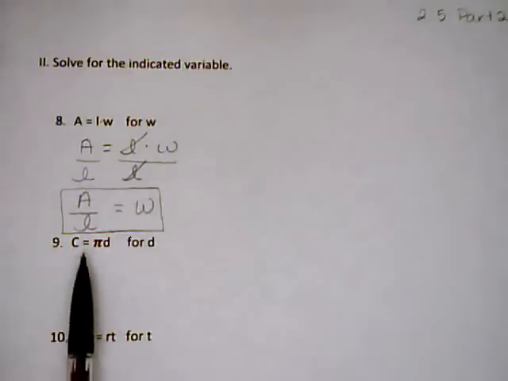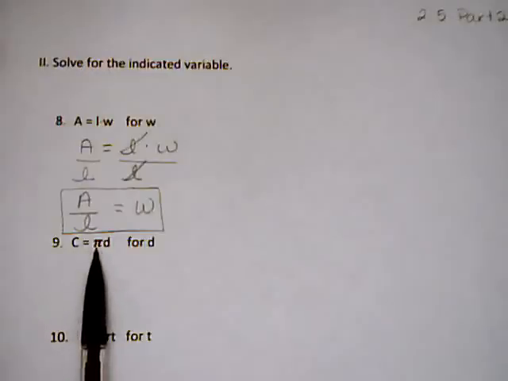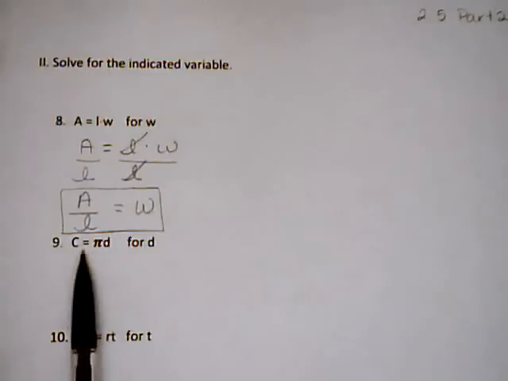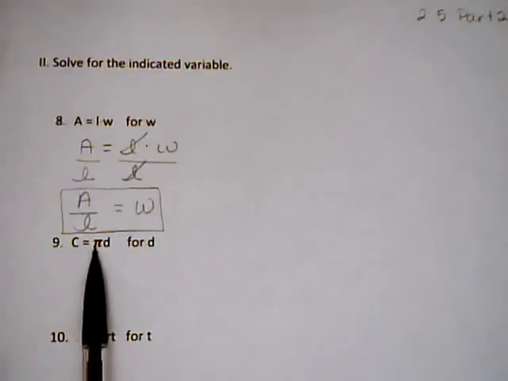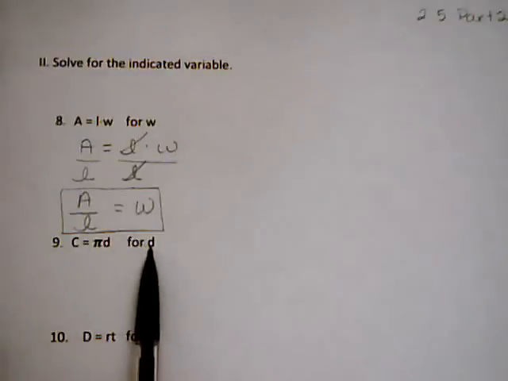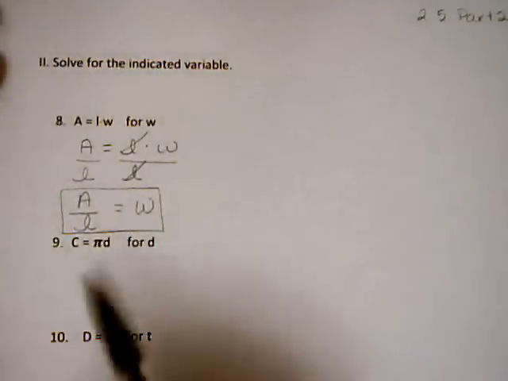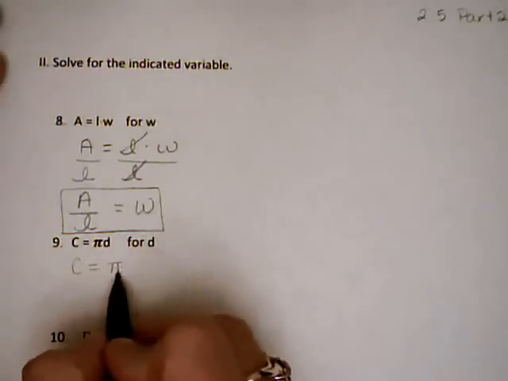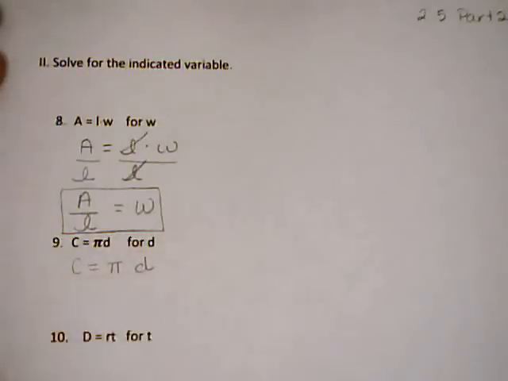Number 9 says C equals pi times D. This is actually the circumference formula of a circle, which is the same thing as perimeter. Circumference equals pi times the diameter of the circle. But it says solve it for D. It's just like number 8. So how do I get D by itself?